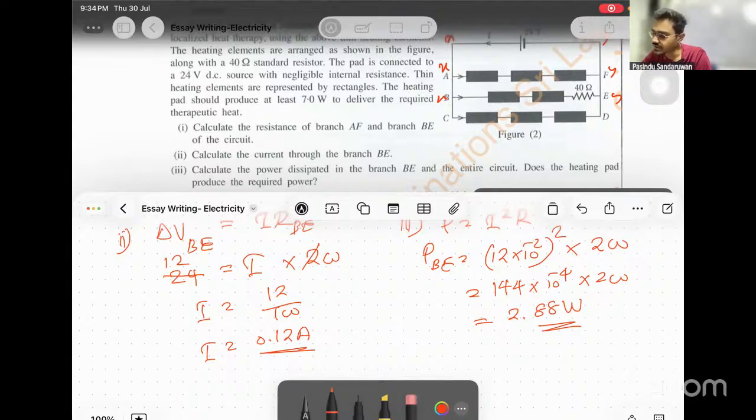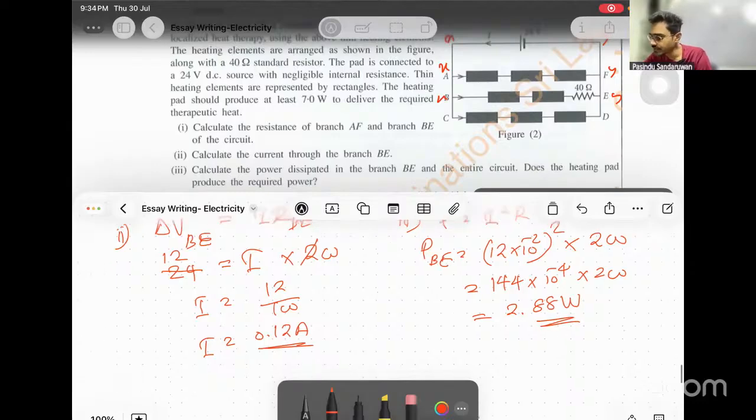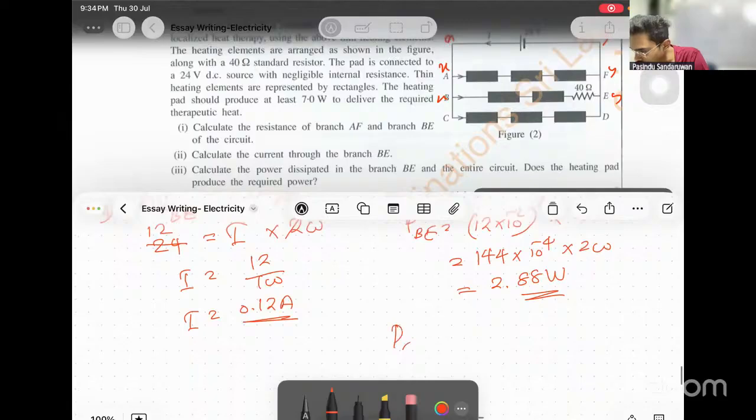Since the resistances of AF and CD are the same, their powers are the same. Power of AF equals power of CD because their potential differences and resistances are equal.